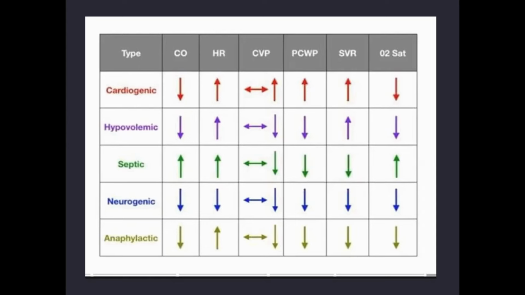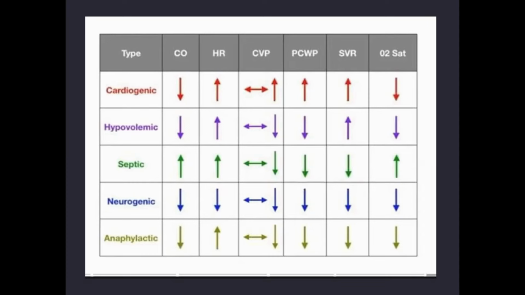You know that sympathetic tone is ultimately needed to increase the cardiac output and heart rate. Now, when there is no sympathetic tone, ultimately your cardiac output and your heart rate are going to drop.